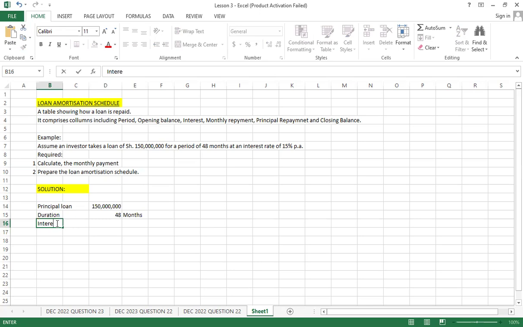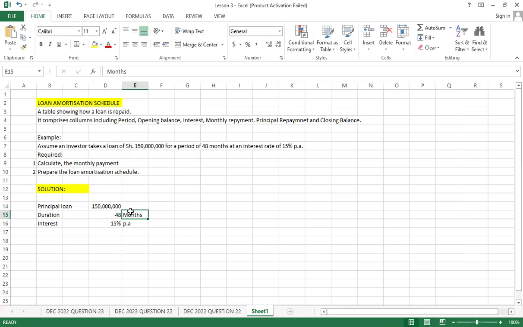Lastly, we are told that we have interest of 15%. The 15% is per annum, meaning it is for the whole year. Because the repayment has to be done in 48 months, if the periods are in months, then the interest will accrue per month.